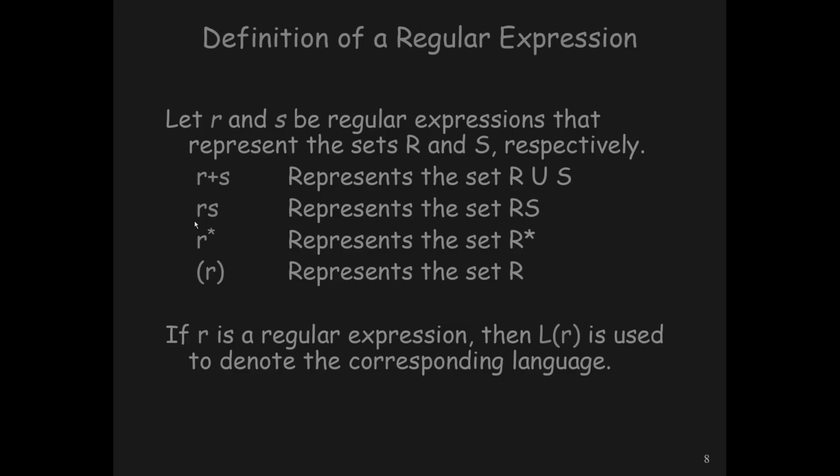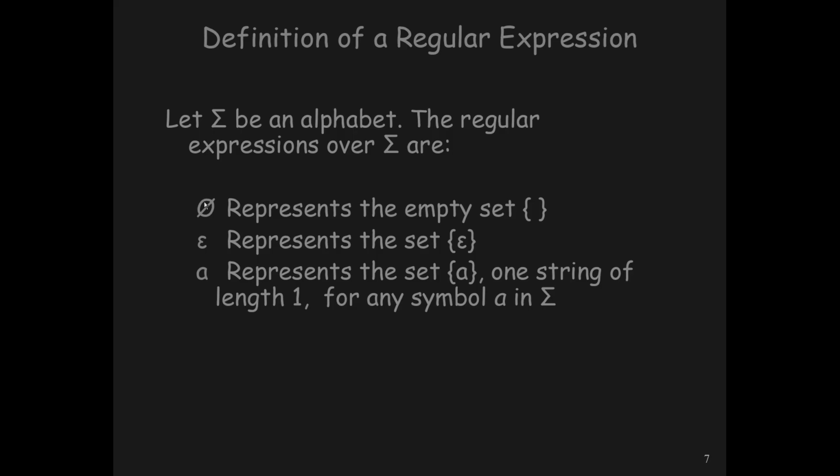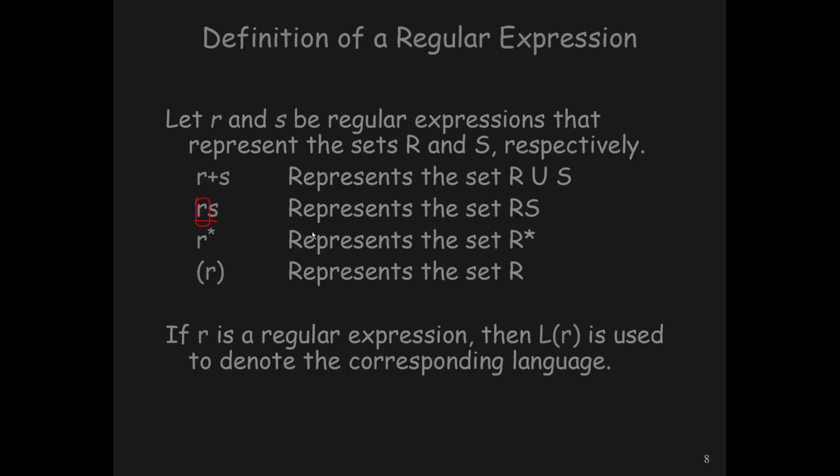Anyways, RS. Now, this is the concatenation of two languages. Your first language is R, which may be a regular expression that corresponds to a language with multiple elements, or it can be just one, or even zero with the phi, although that's not usually the case.